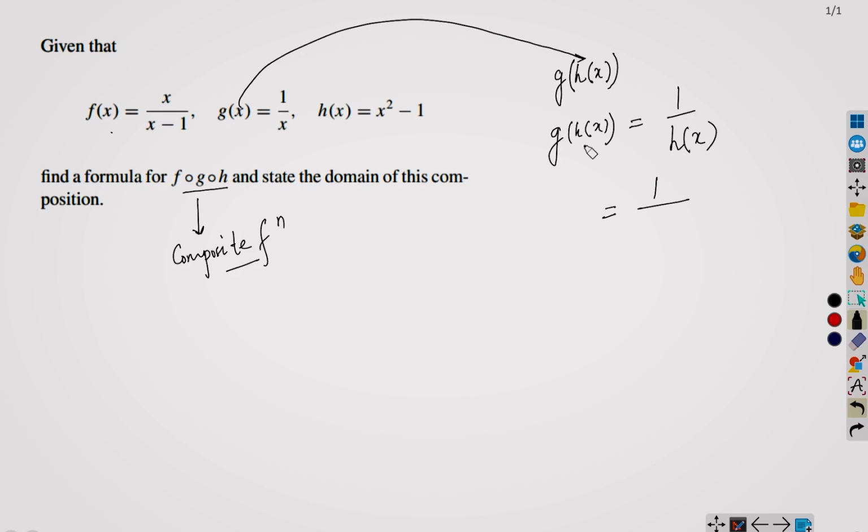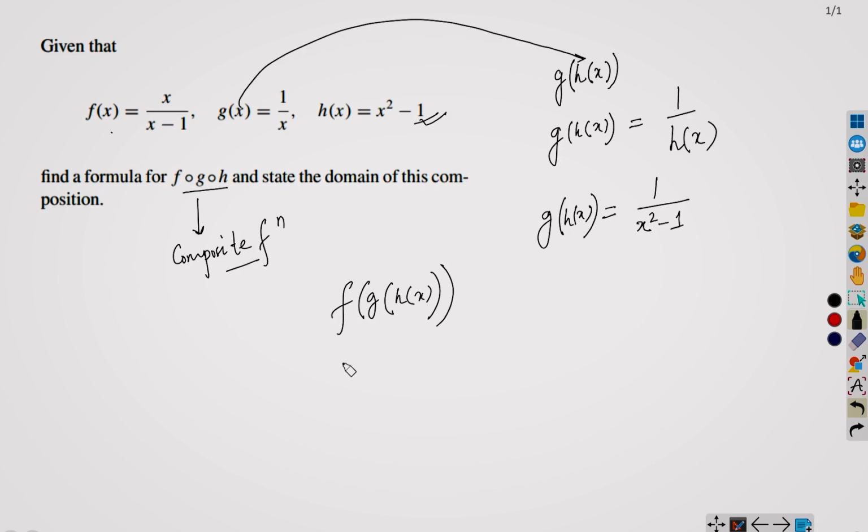Now we know h(x) equals this one, therefore directly substituting the value we obtain g of h(x) equals 1 by x square minus 1. Now we have to determine f of g of h(x).